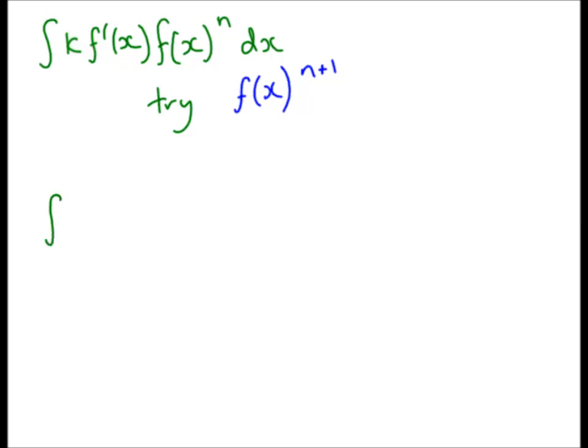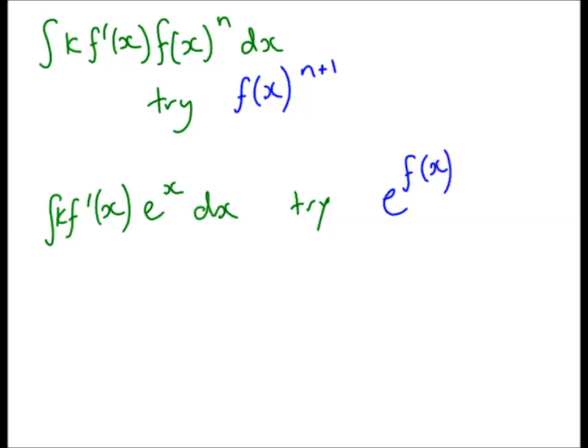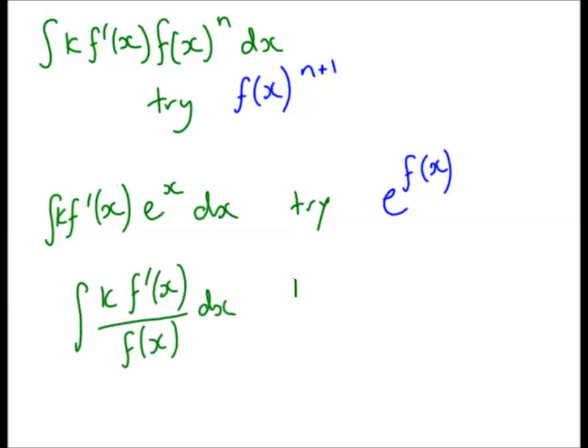If I'm asked to integrate f dash of x e to the f of x times a constant, I'm going to try and see what happens when I differentiate e to the f of x. And the last one which we need is if I'm asked to integrate k times f dash of x over f of x, I'm going to see what happens when I try differentiating the natural log of my function of x.